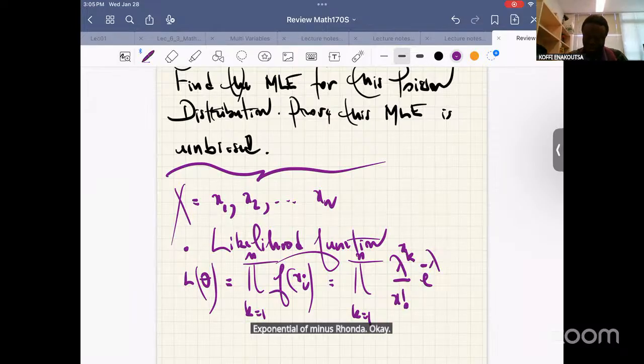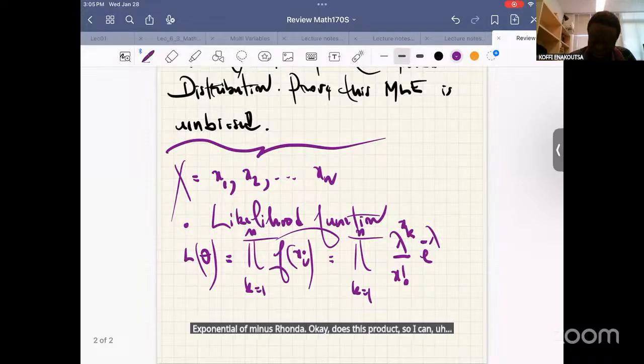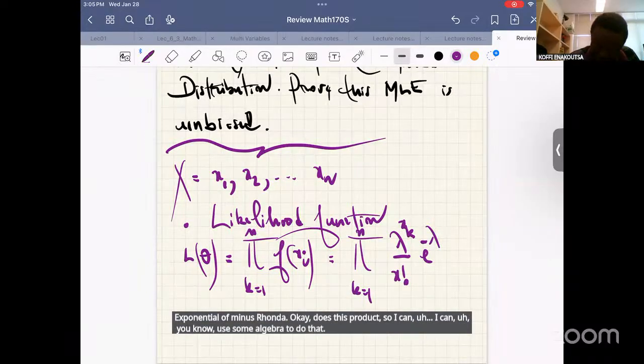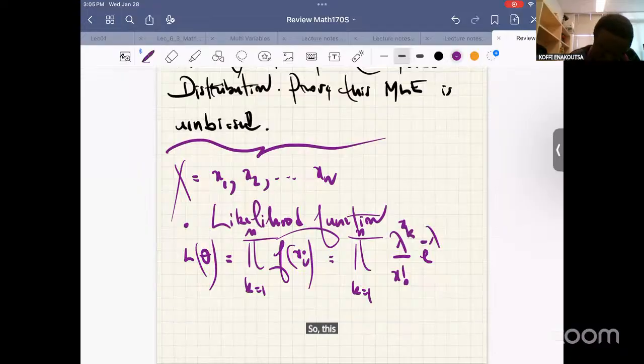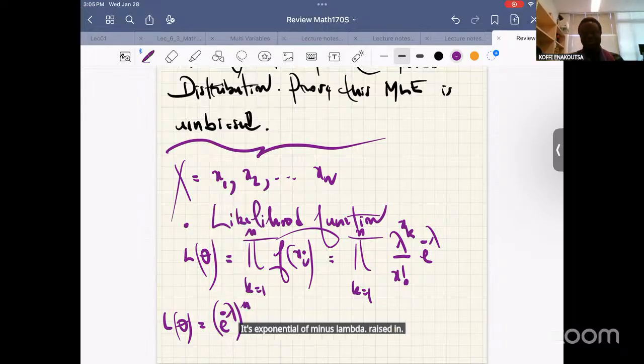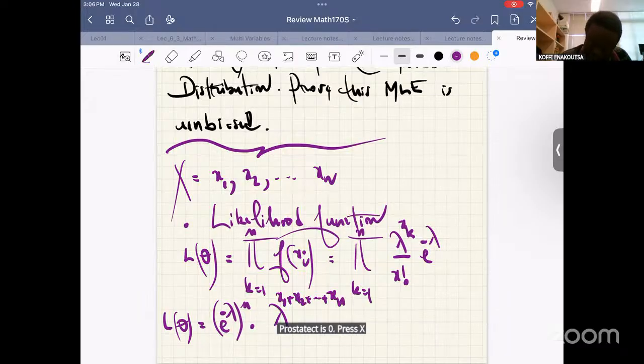Okay, that's this product. I can use some algebra to simplify it. L of theta is the exponential of minus lambda raised to the power n, because you multiply the exponential of minus lambda n times, multiplied by lambda raised to the power x1 plus x2 plus etc. plus xn, divided by x1 factorial, x2 factorial, x3 factorial, etc., xn factorial.